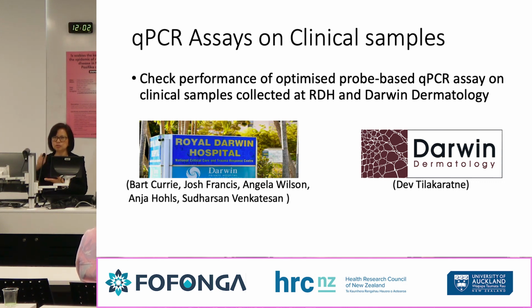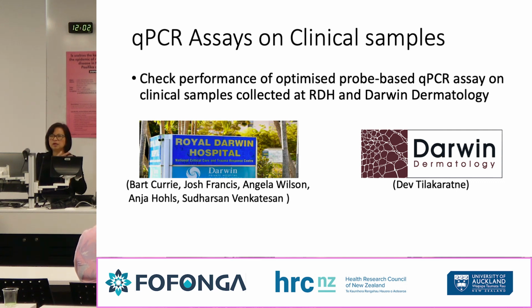The clinicians used the dermatoscope to really check if it's a scabies case. You would need a well-defined sample initially to check if your PCR really works. And then we also collaborated with Darwin Dermatology, and this is to check the specificity of the assay.